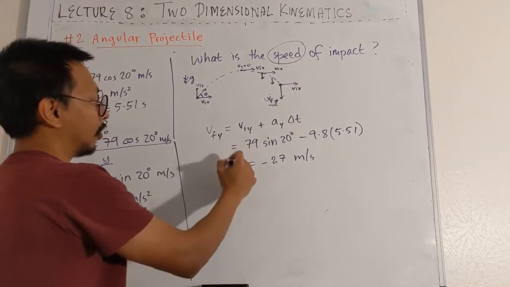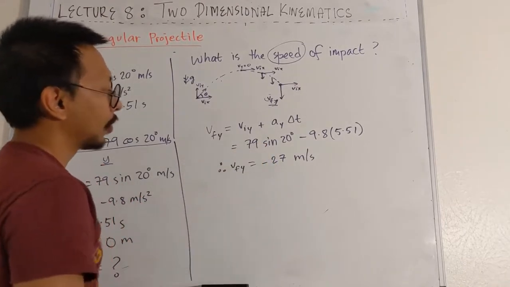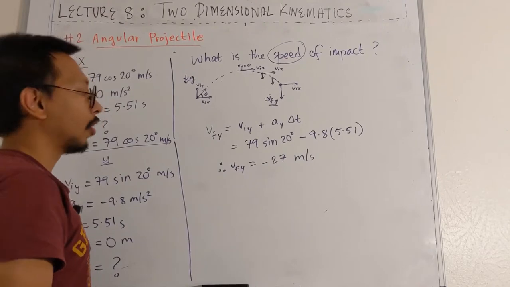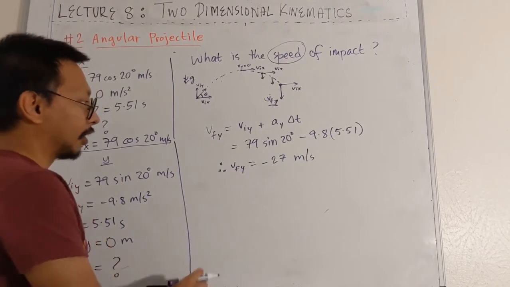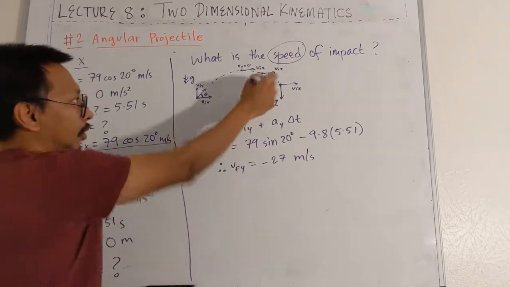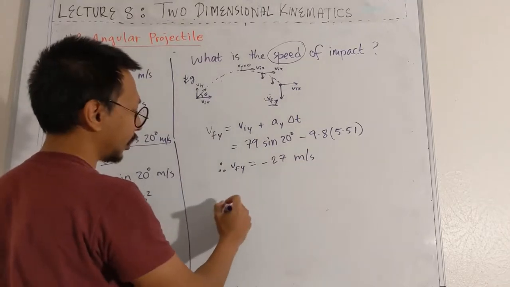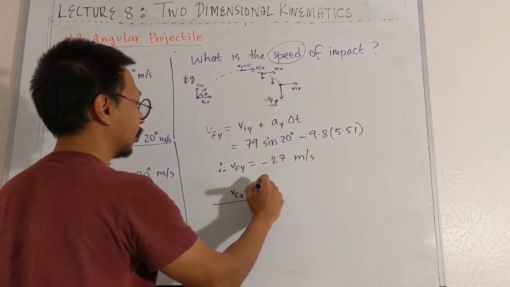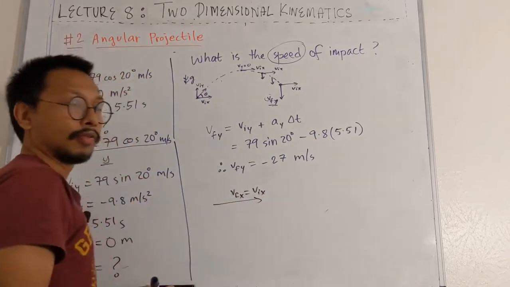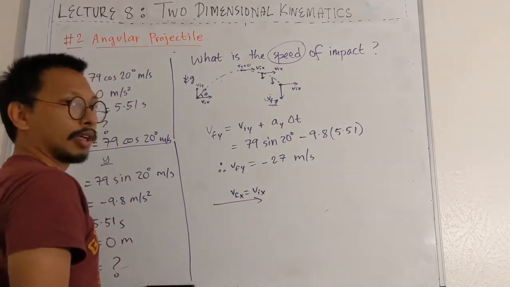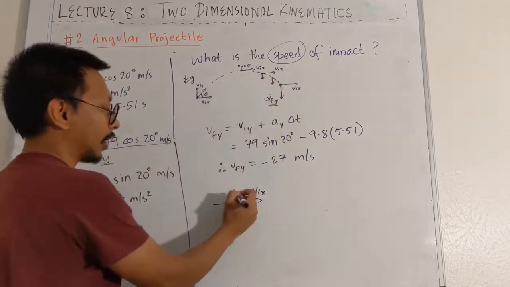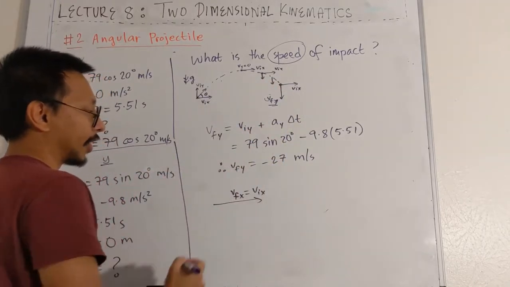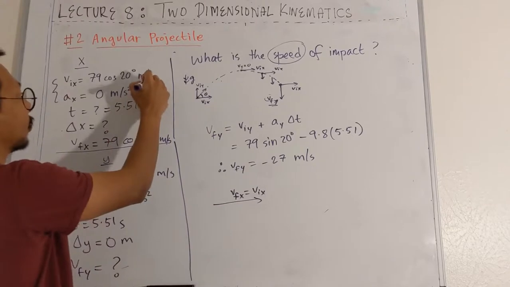Okay, so we have found vfy. Now we want to find the magnitude of the final velocity vector. How do we do that? We already know that Vfx is equal to Vix. That is, the initial x component has stayed the same throughout, and even the final x component is the same as Vix, which we already know.